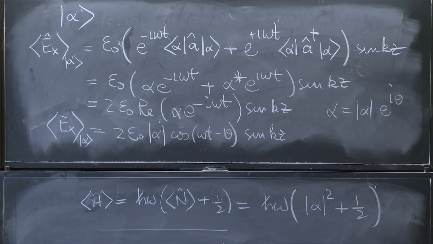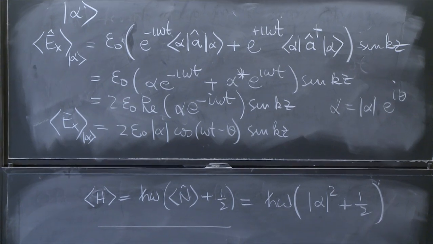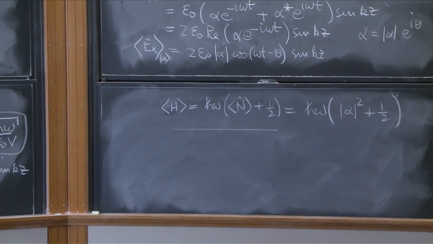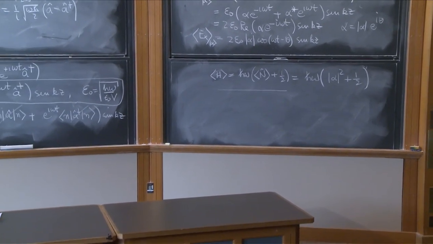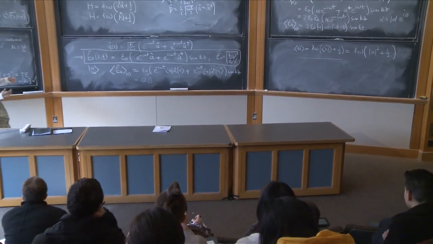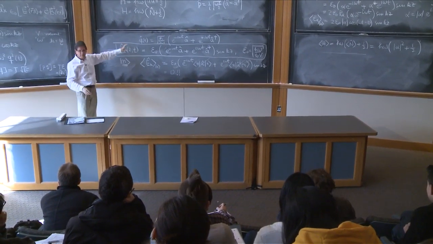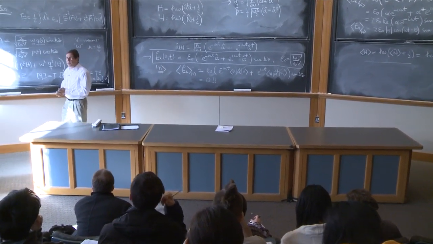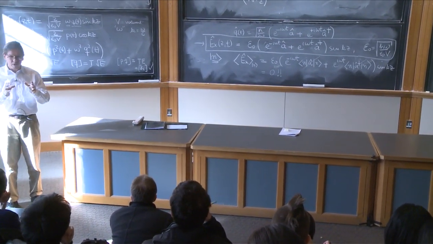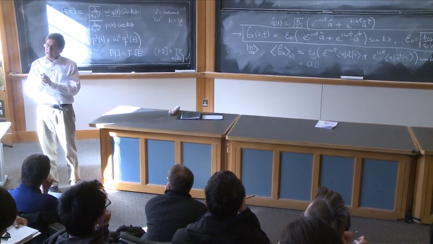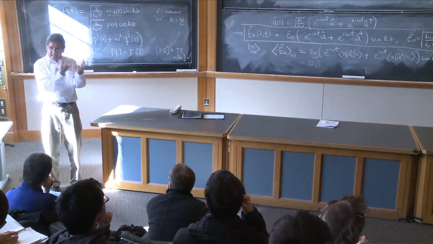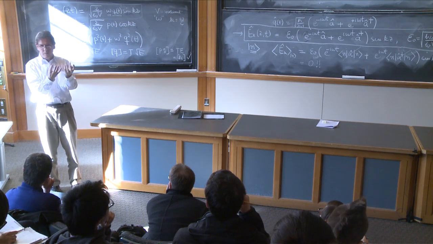There's more that one could do. One could do basically all kinds of things, put together different modes. We consider here one mode. You could consider electric fields that have superposition of modes and discuss commutation relations for the field operators and all kinds of things. But that's really a quantum field theory course. At this moment, the main story I wanted to get across is that naturally the harmonic oscillator has entered here, but in a very funny way.